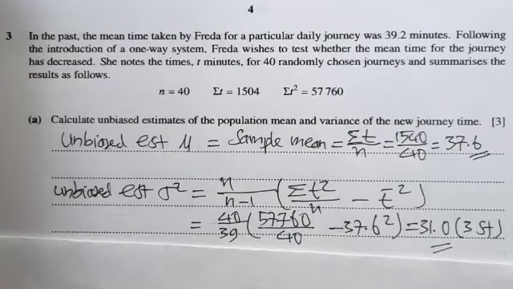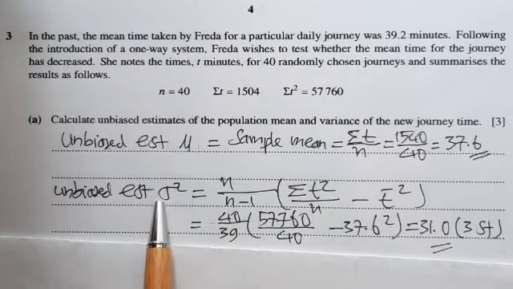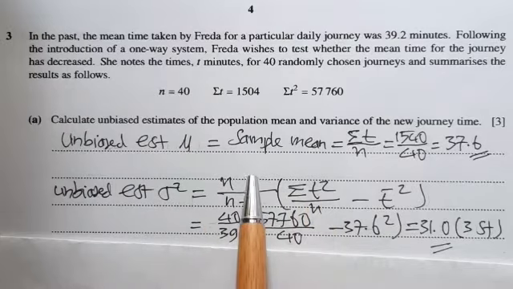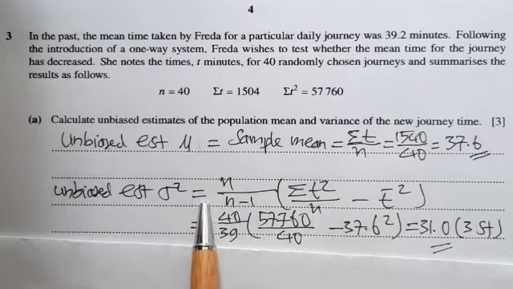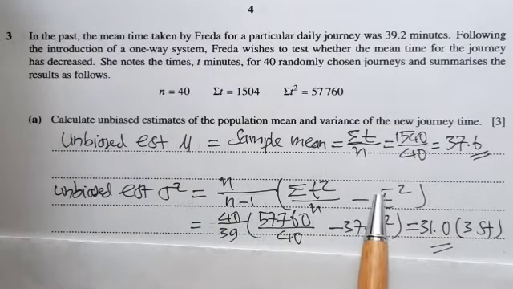And the unbiased estimate of variance, that is sigma squared. The unbiased estimate of population variance is n per n minus 1 times [sigma t squared per n minus t bar squared].